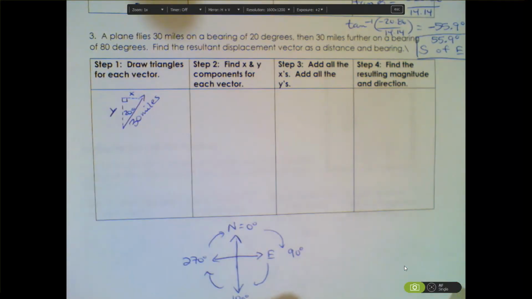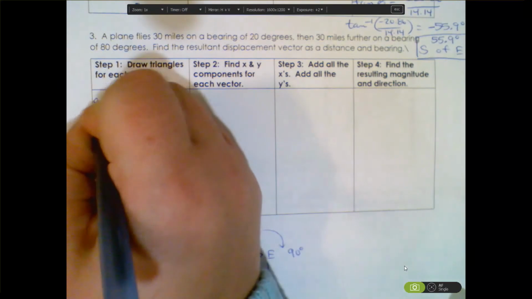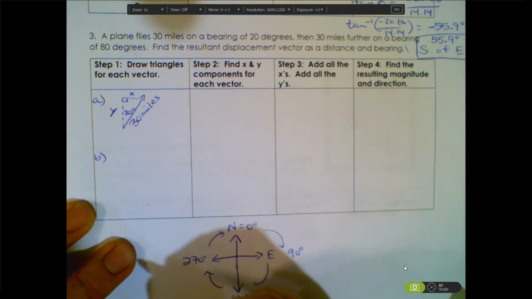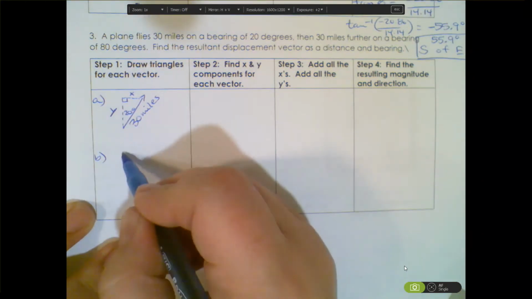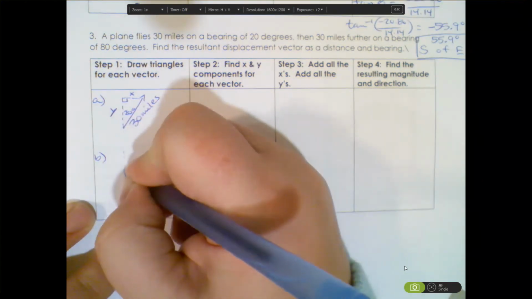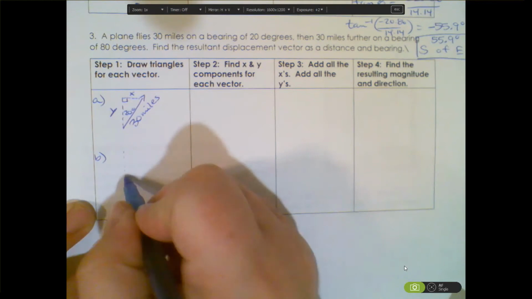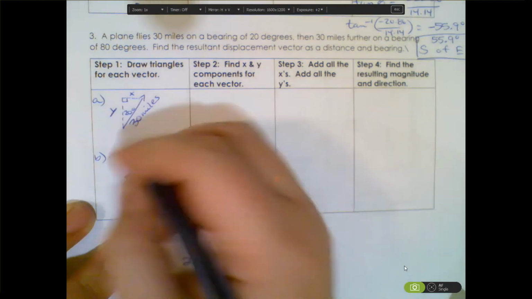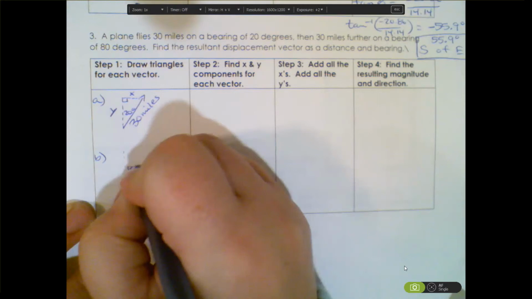And then my second vector, call that vector B, 30 miles further on a bearing of 80 degrees. So from here, I'm actually going to go almost 90, just a little less than 90, 80 degrees this way. So this is 80 degrees.